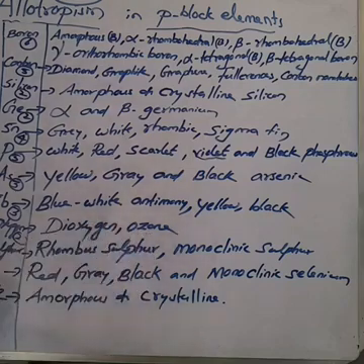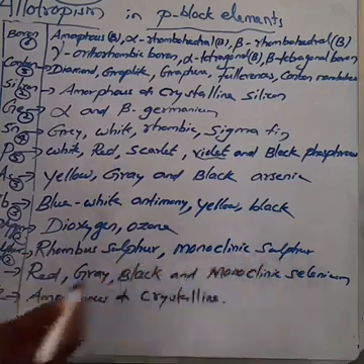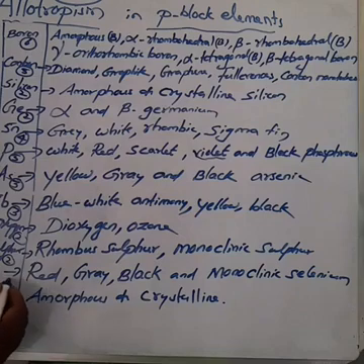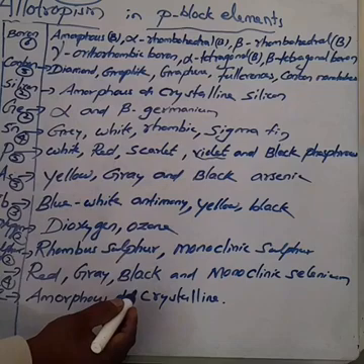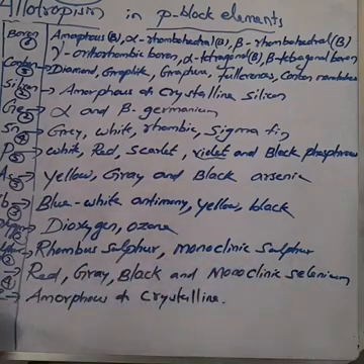Sulfur exists in two forms: rhombic sulfur and monoclinic sulfur. Selenium exists in four allotropic forms: red selenium, grey selenium, black selenium and monoclinic selenium. Tellurium exists in two forms: amorphous and crystalline.